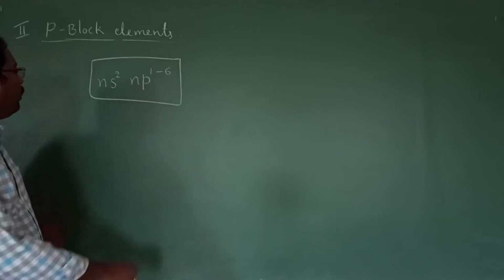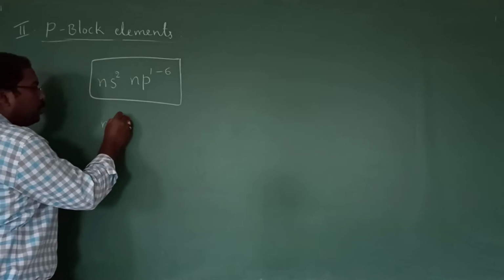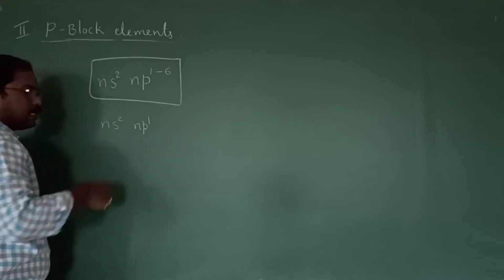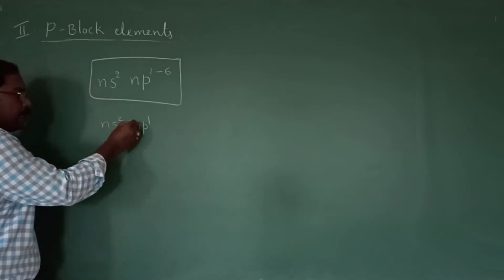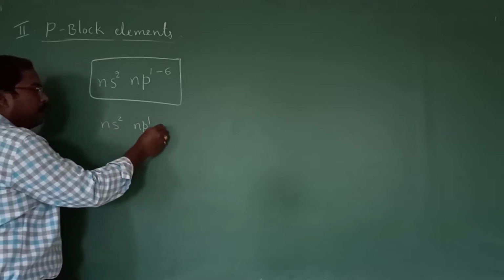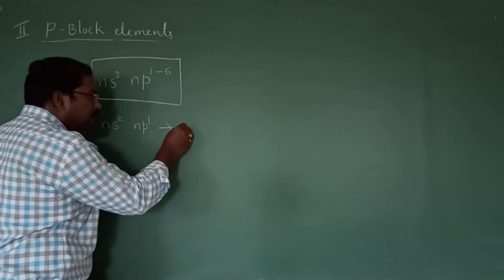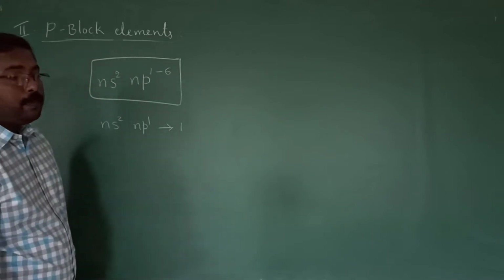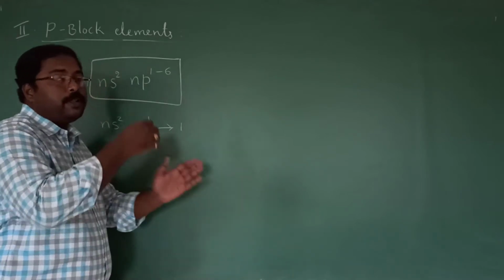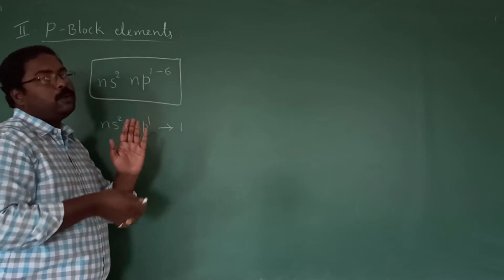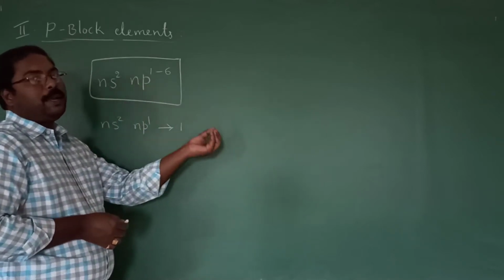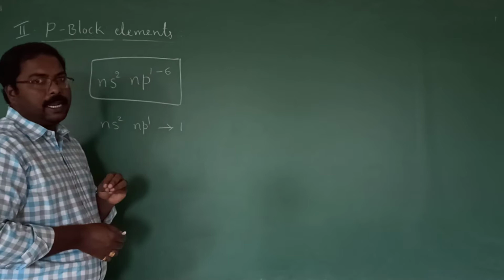If it has the ns2 np1 configuration, how many valence electrons are there? 2 plus 1, 3 valence electrons. So 3 valence electrons means it belongs to which group? We already discussed: for groups after 12, if we subtract 10 from the group number we get the valence electrons.